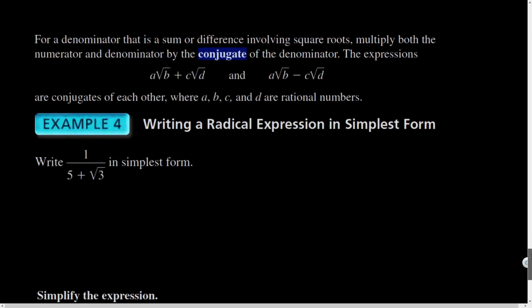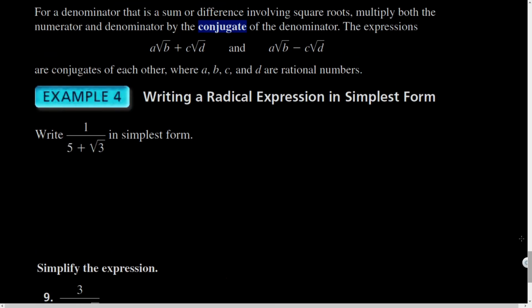Last question, and you've actually seen something like this before in our previews. But the idea of multiplying by a conjugate, it's not quite the same, not quite the opposite. It's the conjugate, where just the middle sign is different in this binomial type expression. And so in the case of 1 over 5 plus rad 3, I can't multiply by rad 3 over rad 3.